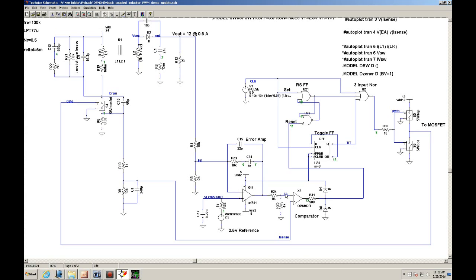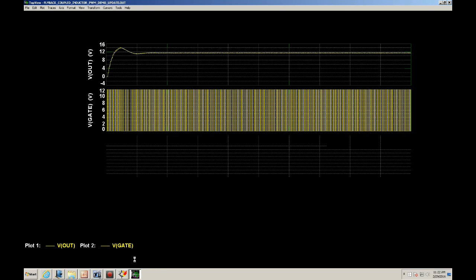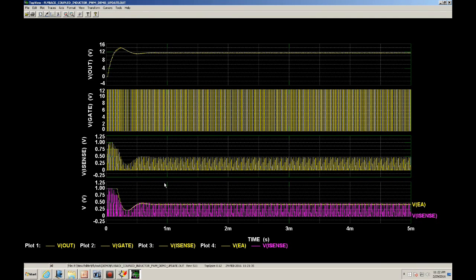Remember, this voltage is the feedback, basically the error voltage that is produced between the output and your reference, which is your voltage feedback, and then this is your current feedback. And we're going to look at what happens. And let me go ahead and take the V gate off.